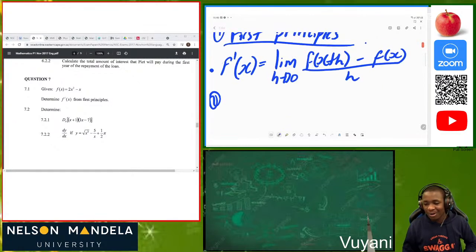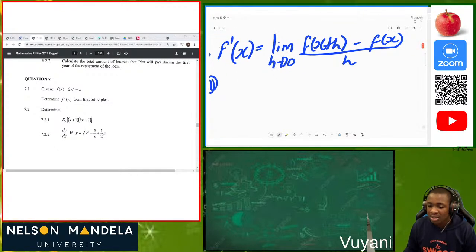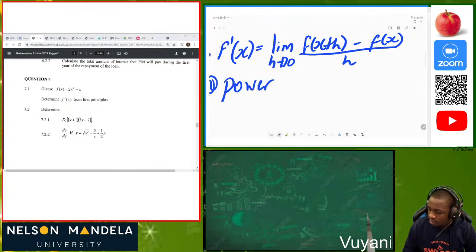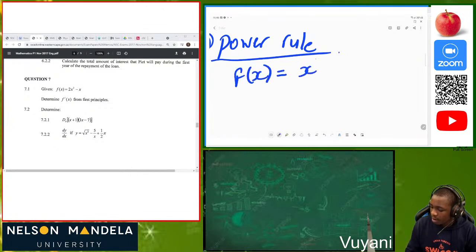This is sort of like the long division, but choosing the short one, when they just say determine or derive the following, we know that we have what we call the power rule. So on the power rule, for instance, they will say determine, maybe you are given f of x to be equal to x to the power n.